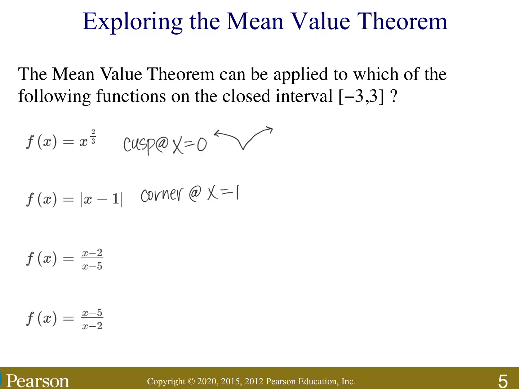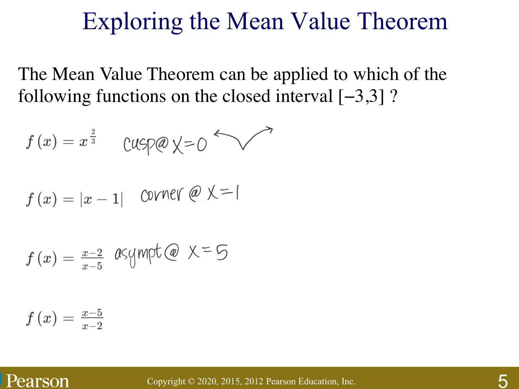Where's the asymptote? Okay, does the mean value theorem apply? Why? Because it's not continuous. Where is it not continuous? At x equals 5. But what's the interval? Oh. So it is. Okay, so the mean value theorem says it has to be continuous and differentiable on a closed interval.